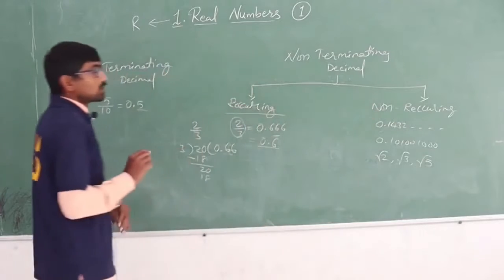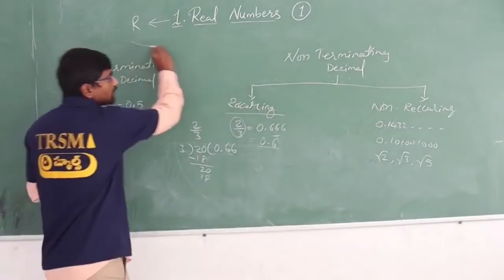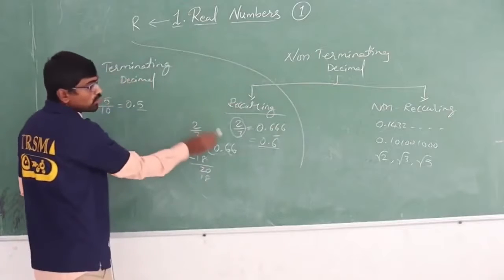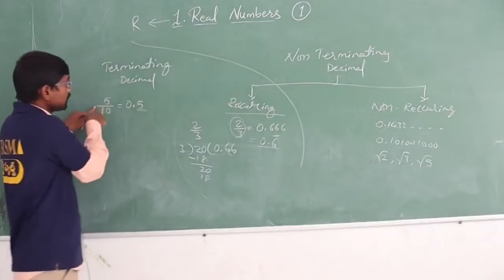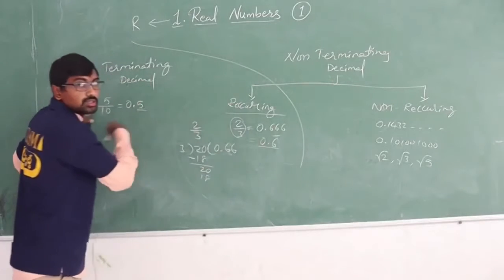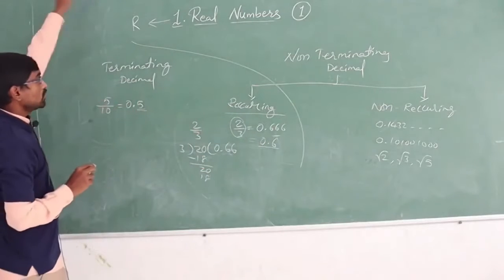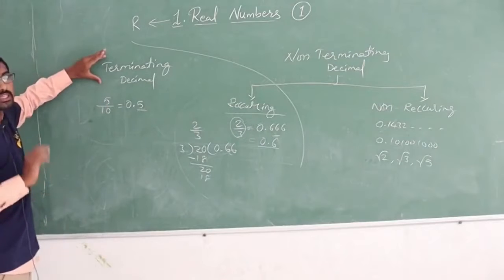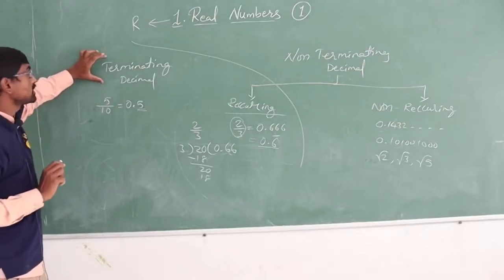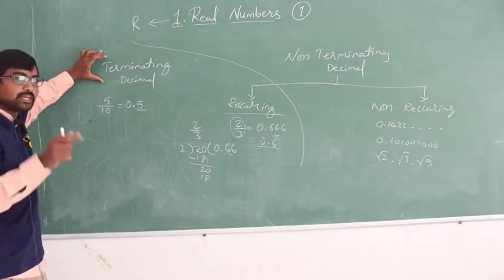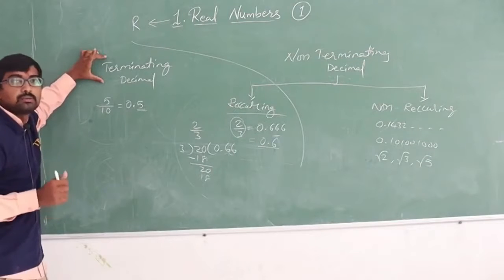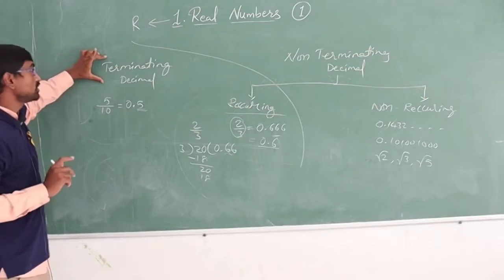Okay, so now the definition. These terms can be written in p by q form. So the definition changes. What is the definition of a rational number? Rational numbers can be written in the form of p by q, very good. p and q are integers, q not equal to 0.